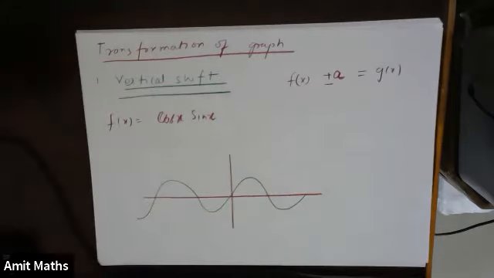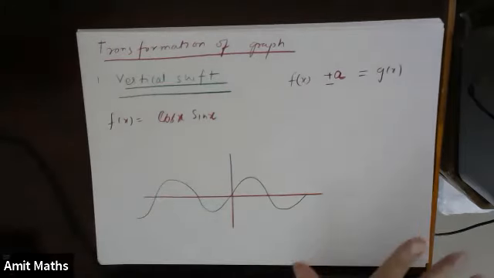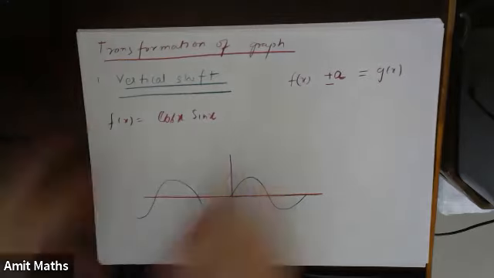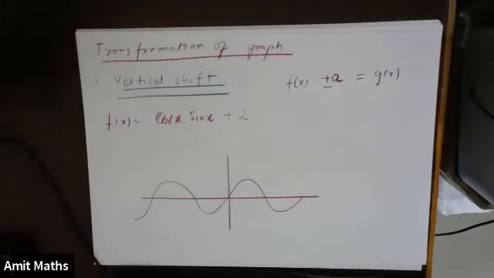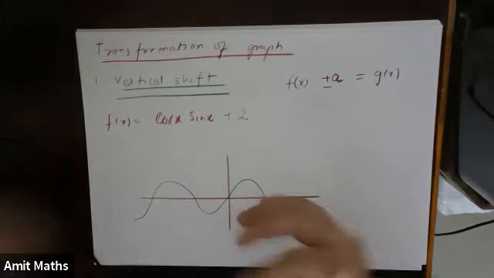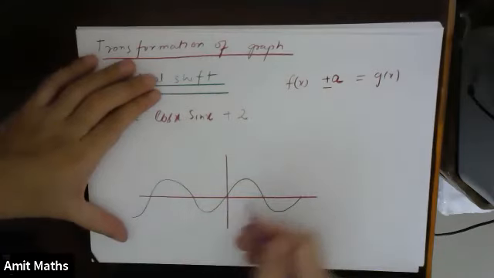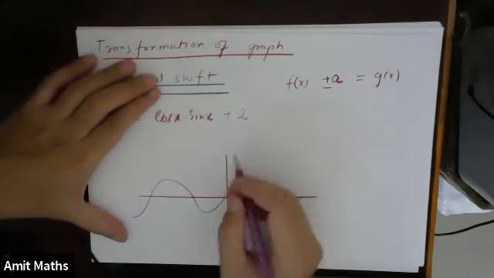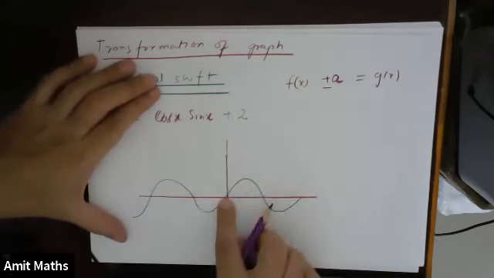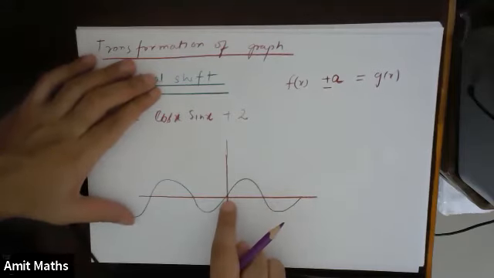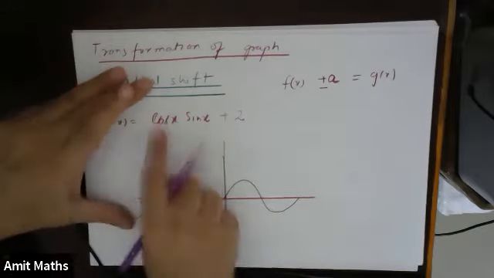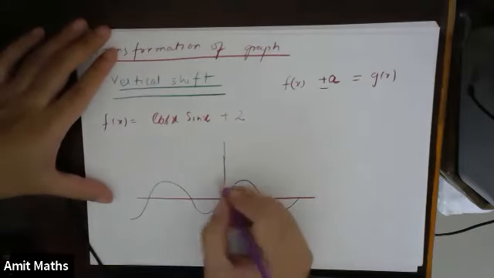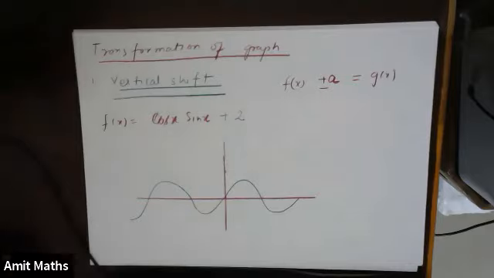Now this is the general representation, basic sine of x. Now what will happen if I add 2 to this function? If I add a particular constant 2, at the same value of x, sin x will be the same, but the overall function will change its value. The overall function will become 2.